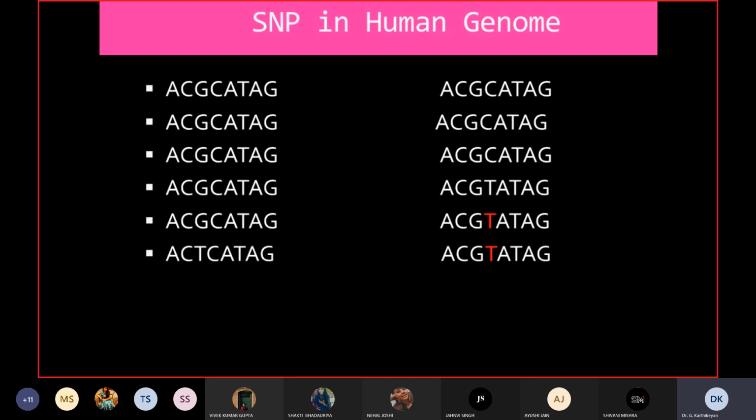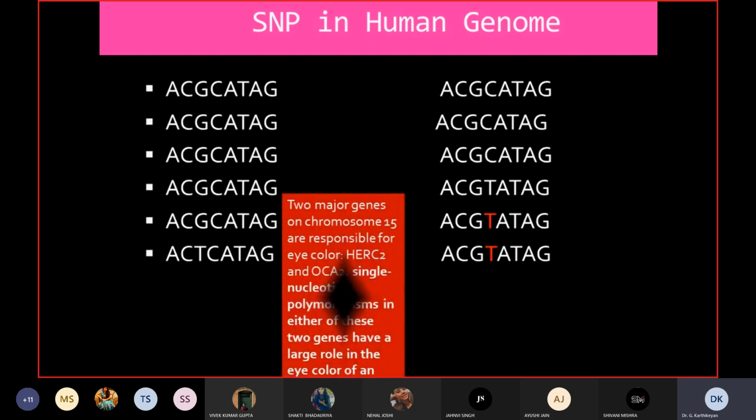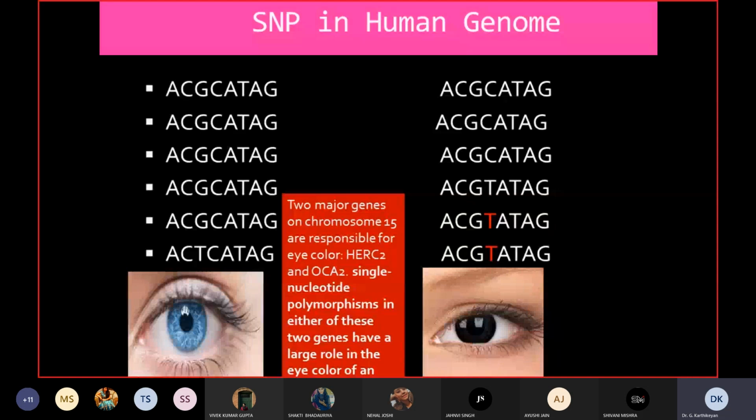For example, a single nucleotide polymorphism may replace nucleotide cytosine with nucleotide thymine in a certain stretch of DNA, and maybe this could be the cause of your eye color, which may be different from your friend's. Two important genes responsible for eye color are HERC2 and OCA2, and due to single nucleotide polymorphism, different eye colors are present in the human population.